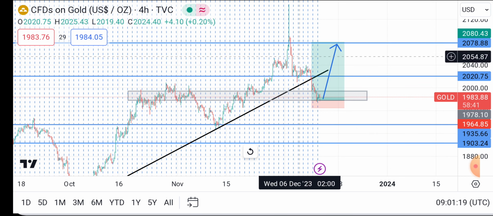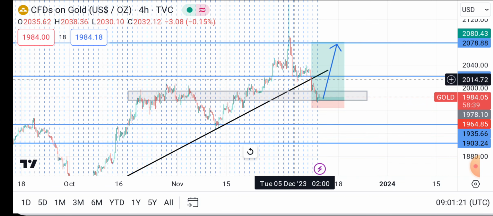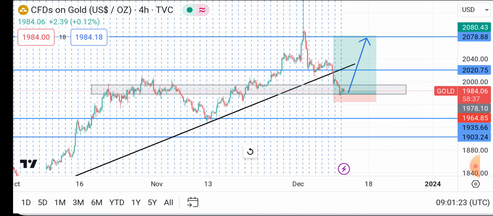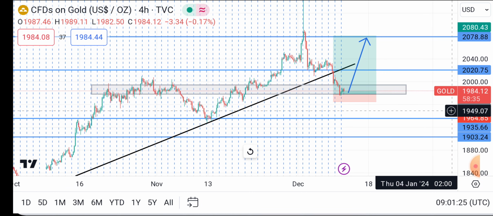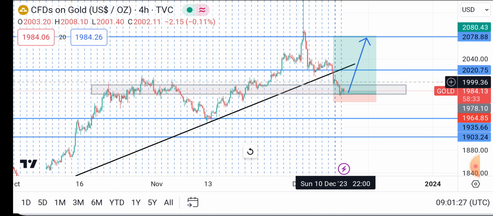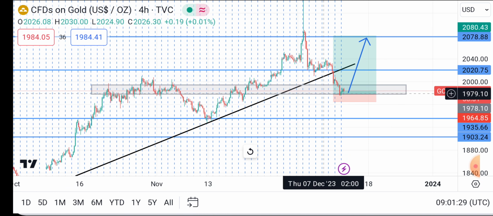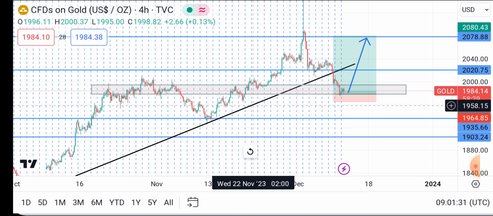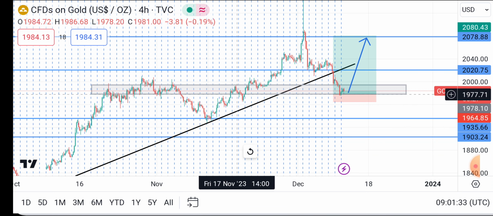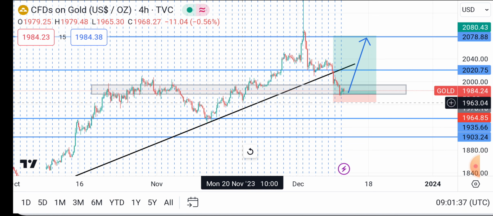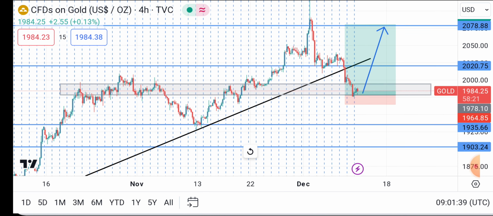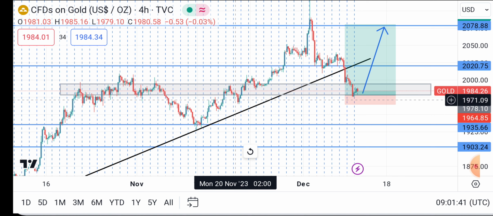It impulsed to the upside, slightly pulled back, broke out of there, and then consolidated. Price consolidated and slightly dropped, but we're still on an uptrend, because if price was going to be on a downtrend, we should break out of this candlestick here. We should break out of that candlestick, then it will confirm that it's on a downtrend.